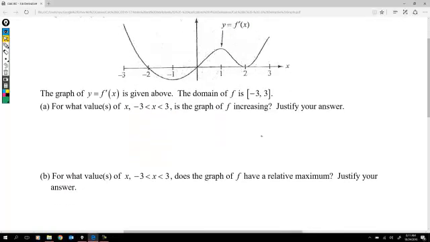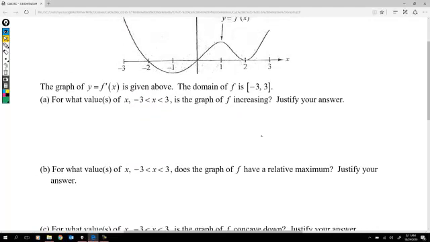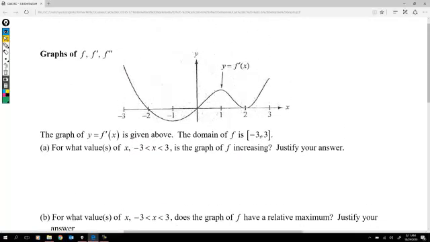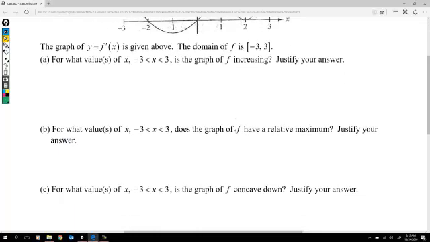Okay, for part B, it asks when we have a relative maximum. Okay, so I know I have a maximum when my first derivative changes from positive to negative. Okay, so I'm just looking for where it changes from positive to negative, so it looks like here, and then it doesn't change anywhere else. All right, so looks like at -2.